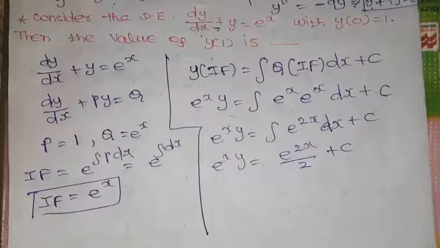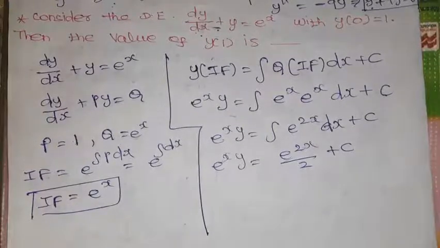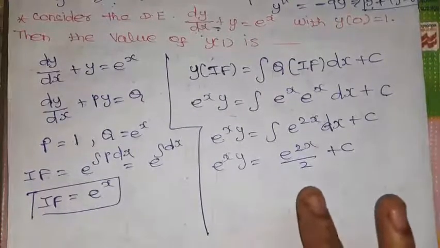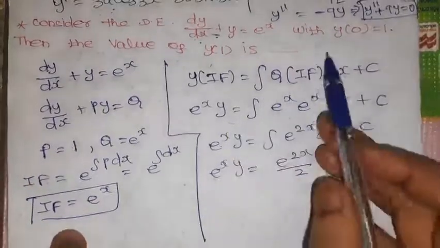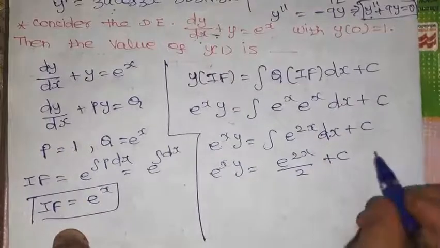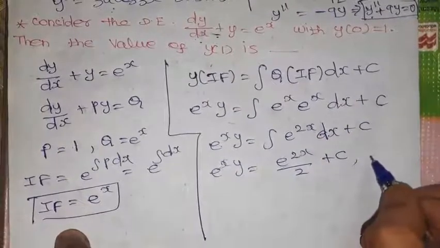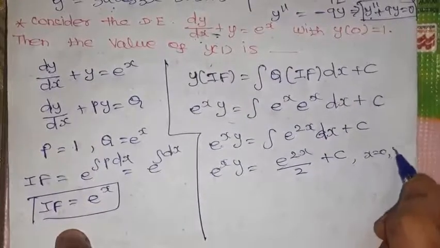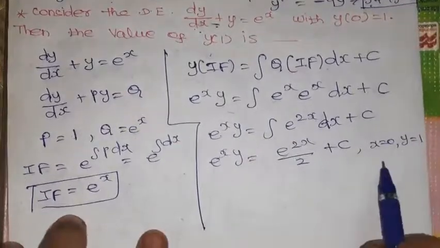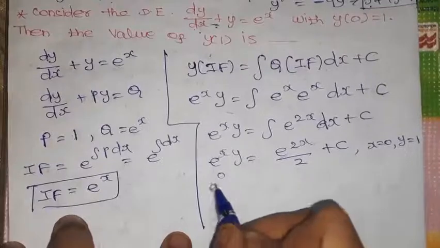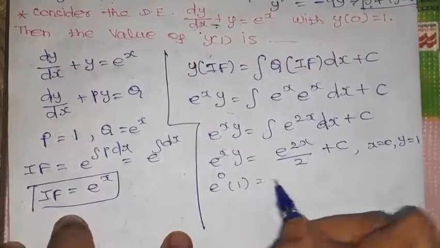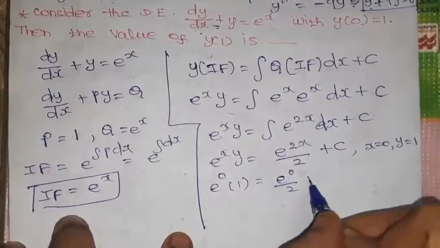So now we need to find c. y into e power x equals e power 2x divided by 2 plus c. Now what is the condition? y of 0 equal to 1 means at x equal to 0, y value equal to 1, right? Now substitute x equal to 0 and y equal to 1. e power 0 into 1 equals e power 0 divided by 2 plus c.